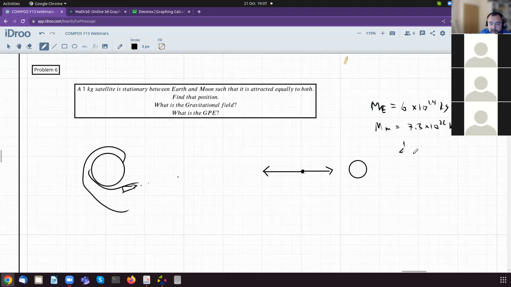And the distance between the Earth and the Moon is 350,000 kilometers. The diameter of the Earth is just over 10,000. So the distance between the Earth and the Moon is like 30 times bigger than the diameter of the Earth.